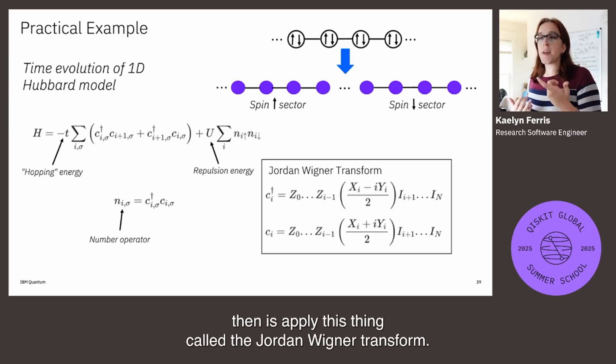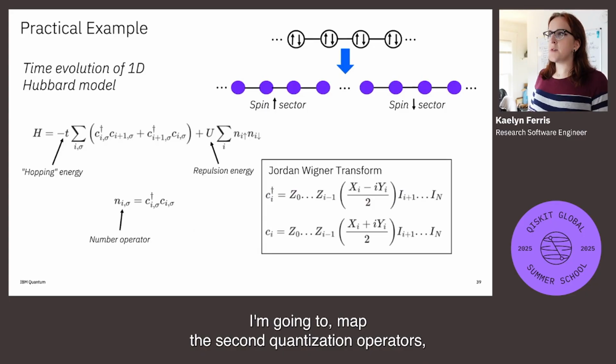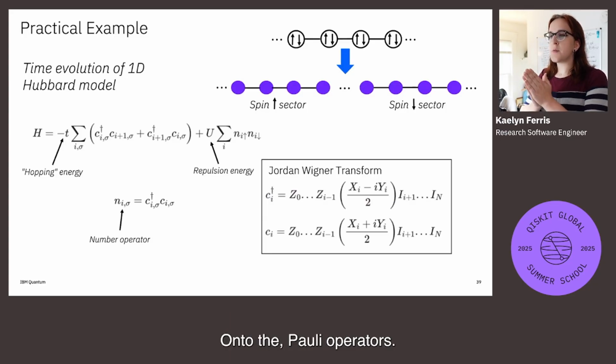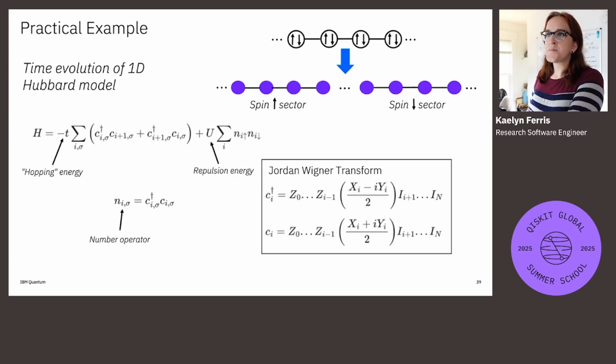And so what I'll do then is apply this thing called the Jordan-Wigner transform. Essentially how this works is I'm going to map the second quantization operators, which are also called the creation and annihilation operators, onto the Pauli operators that are actually accessible on my quantum computer.